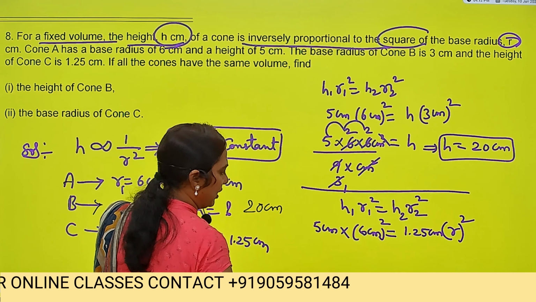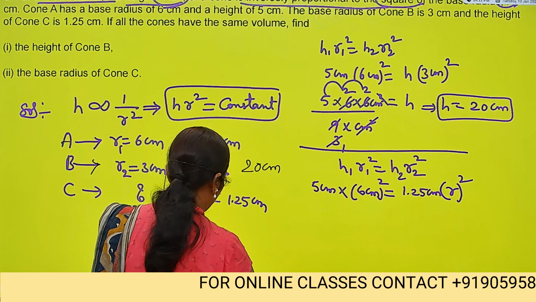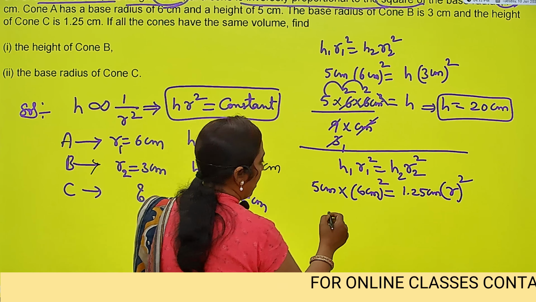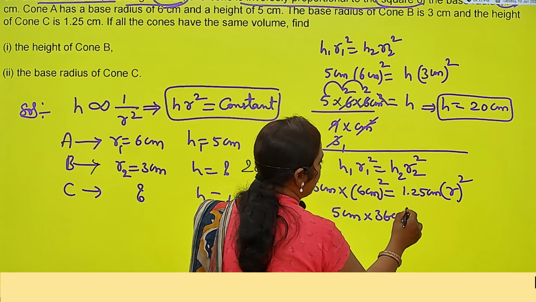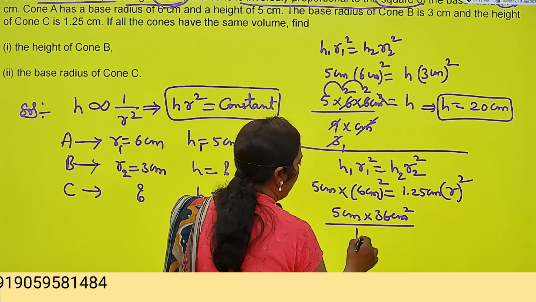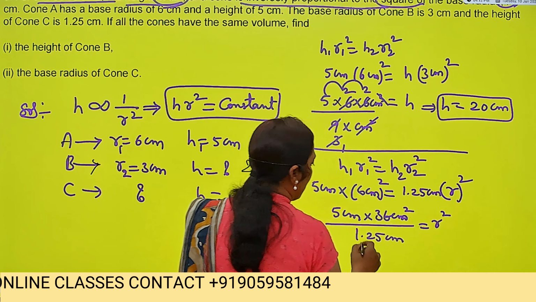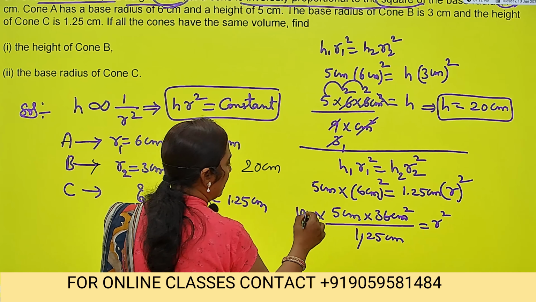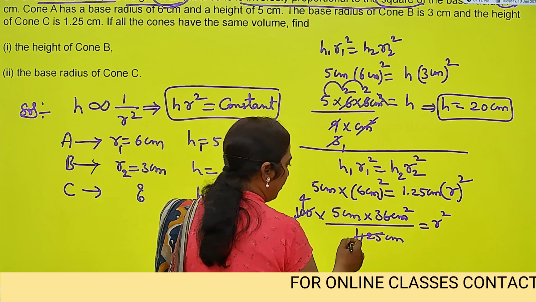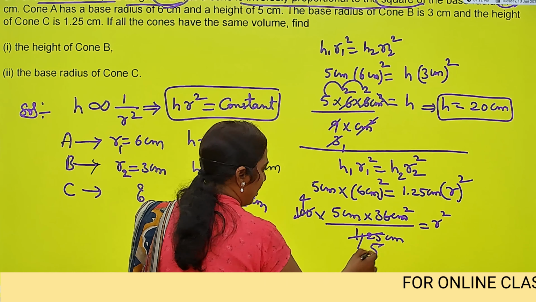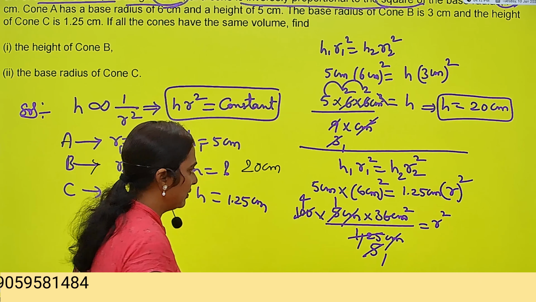The radius we need to find here. 5 centimeters into 6 times 6 is 36 centimeters square over 1.25 centimeters equals r square. Eliminating the decimal, take 100 in the numerator; the centimeters cancel.